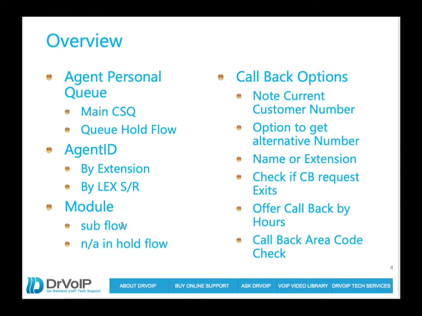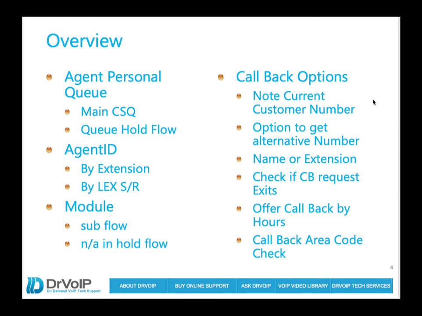In this example, we're going to use callback as a subflow in a module. You should understand that it's not available in the queue hold flow. So if you're trying to set up a queue hold flow, you need to understand that you might not be able to specify a module. If you look, there's a big difference between the options available to the different types of contact flows you will find in your Amazon Connect instance.